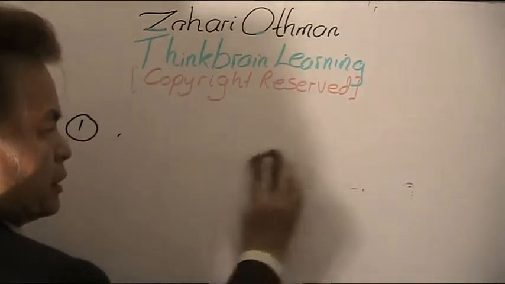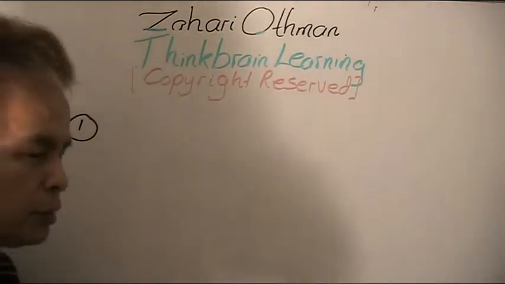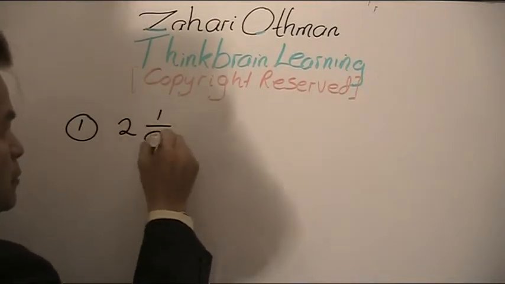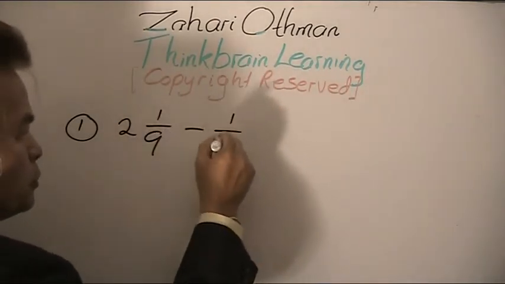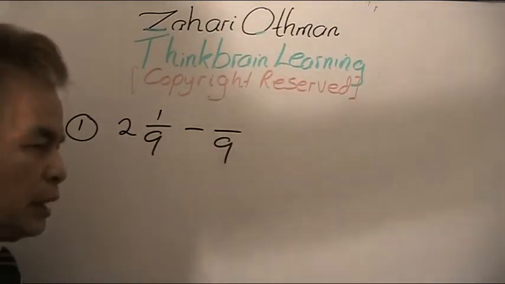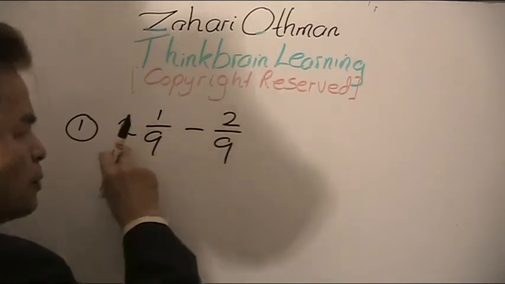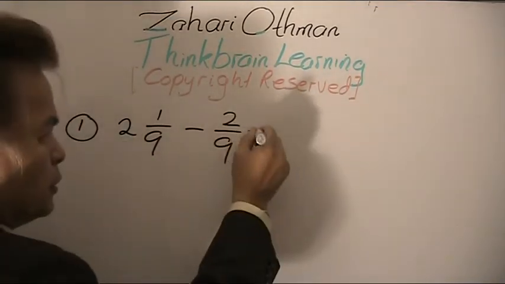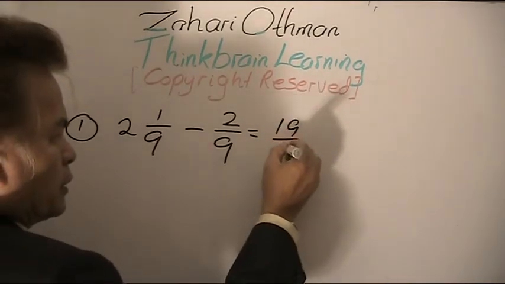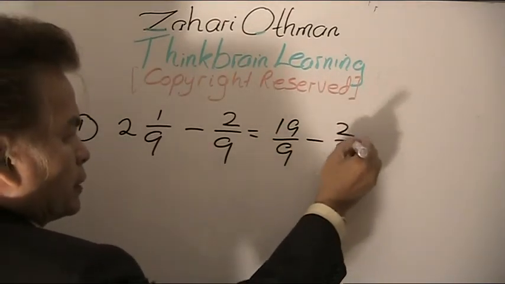Another method as usual, 2 1 over 9 minus 2 over 9. You can change everything to improper fraction. So this is 9 times 2 is 18 plus 1, 19 over 9 minus 2 over 9.